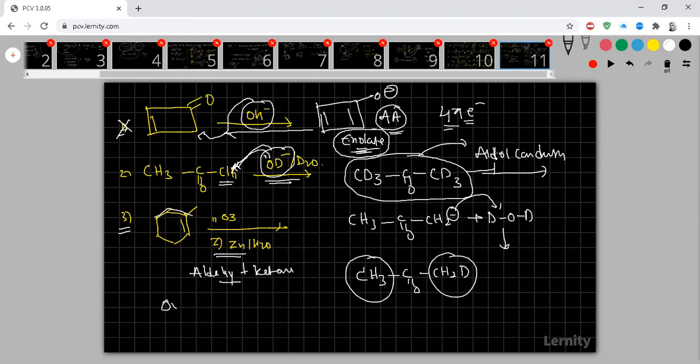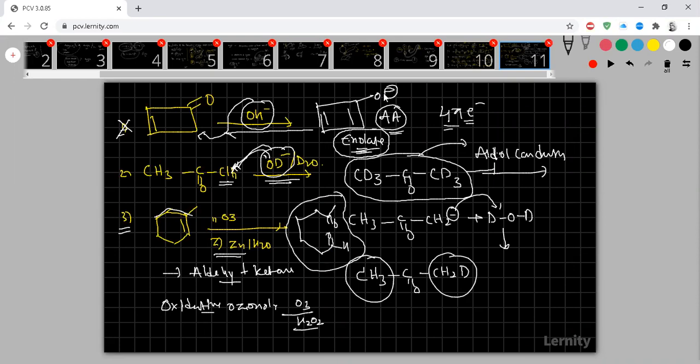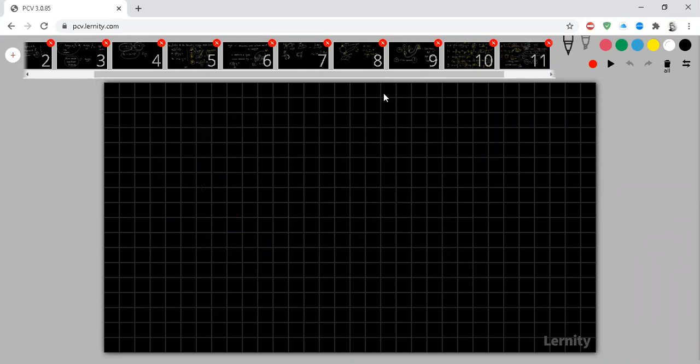Oxidative ozonolysis generally happens in the presence of O3 and H2O2. As said, in reductive ozonolysis we will get the aldehydes and ketones. So CH3CHO, and this one will get H2. This is the compound we will get here, right? Next, let's do some more questions.